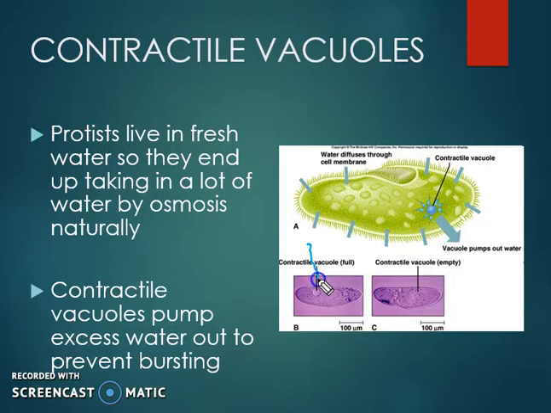If you're looking at this image right here, that little bubble is a vacuole filled with water. Versus when it gets squeezed, here's the same vacuole, but it's empty. It's going to squeeze the water back out so it can keep that happy homeostasis water level inside that simple-celled organism. Main function for that is to prevent it from bursting.